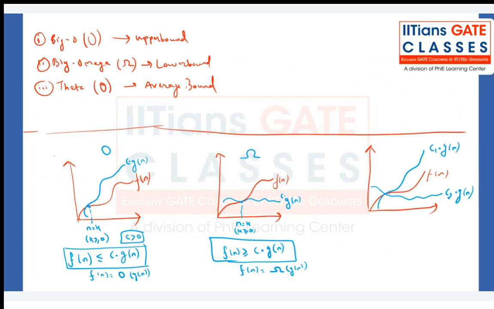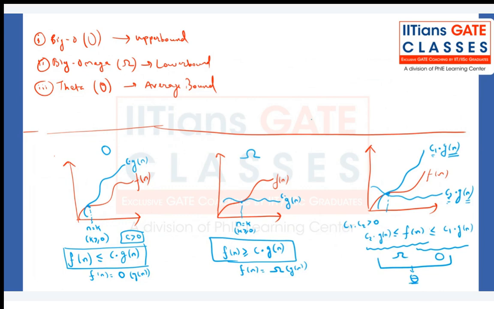So for f of n, there exists a function g of n and two constants c1 and c2, both greater than 0, such that f of n is always less than or equal to c1 into g of n and always greater than or equal to c2 into g of n. Can you not see that this is nothing but your omega, and this is nothing but your big O, and if you combine these, you get theta.